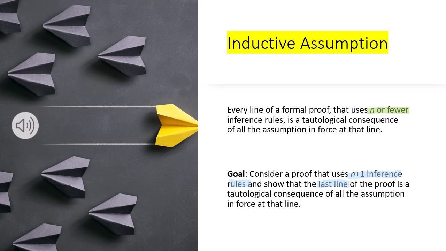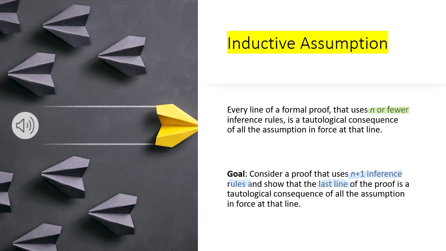And then at that point, when we know that the case when n equals 2 is true, we can apply this same argument again and determine that n equals 3 is true, and then n equals 4, and n equals 5, and so on and so forth. And for any value of n, any number of inference rules that we apply, those lines in the proof will be tautological consequences of the assumptions in force at that particular line.